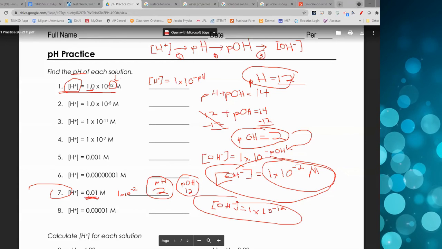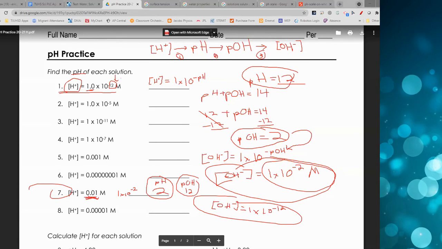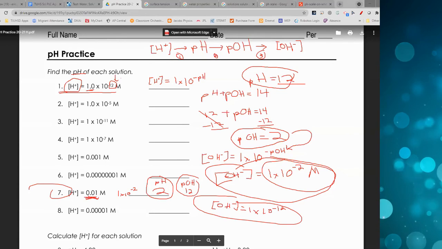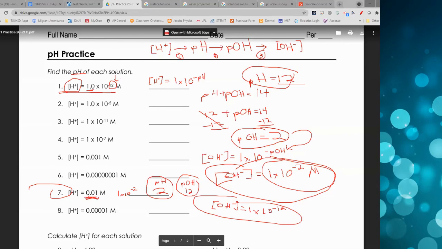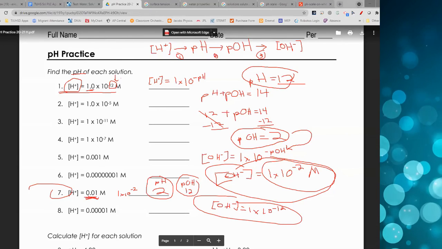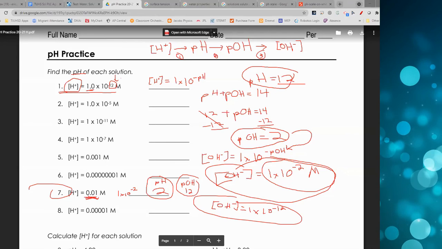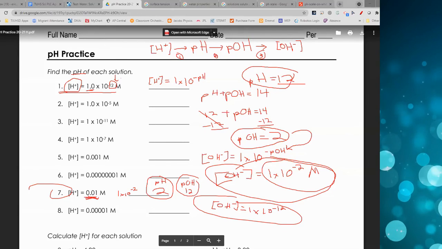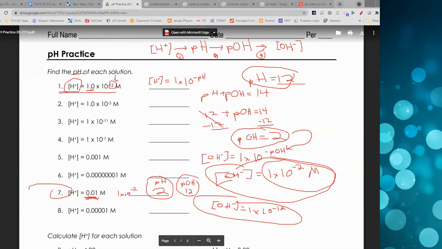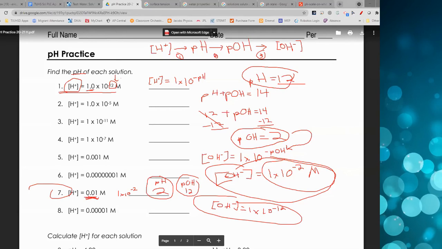Unsaturated is when you can dissolve more. So like if you make Kool-Aid mix and you just put a little bit of Kool-Aid in, you have an unsaturated solution because it can dissolve more. And then if you fill it up right to the point where you'll start to see Kool-Aid fall to the bottom, then that's the saturated point where you can't dissolve anymore. So that's saturated versus unsaturated.